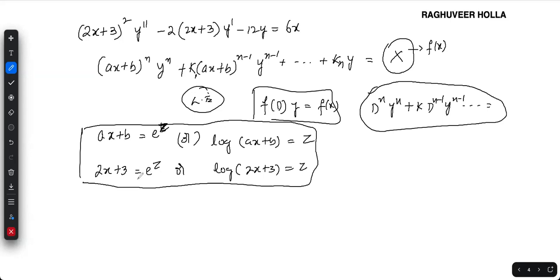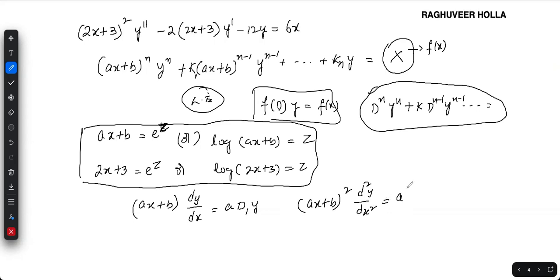So here ax plus b dy/dx is a into D1 y, and (ax+b) squared d squared y by dx squared is a squared into D1(D1-1) y.